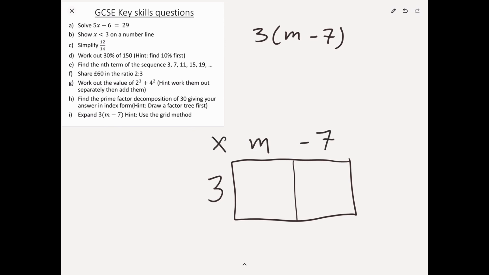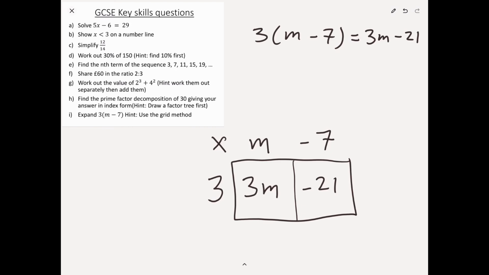And we're multiplying to find out what goes inside those boxes. 3 multiplied by m gives us 3m. 3 multiplied by minus 7 gives us minus 21. So when we expand this then, we get what's in those boxes, 3m minus 21.